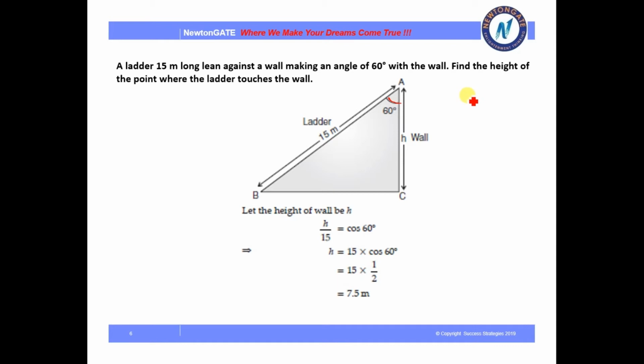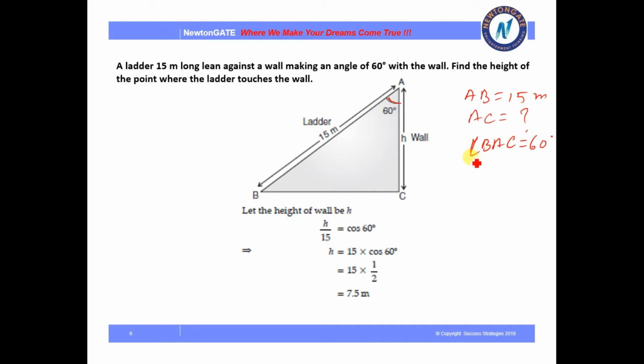So what are we given? We are given the length of the ladder, that is AB is equal to 15 meter. AC we need to find and AB is given. Angle BAC is given, that is 60 degrees.